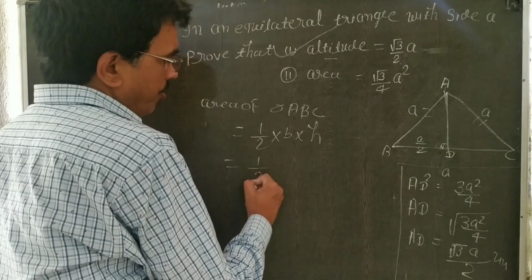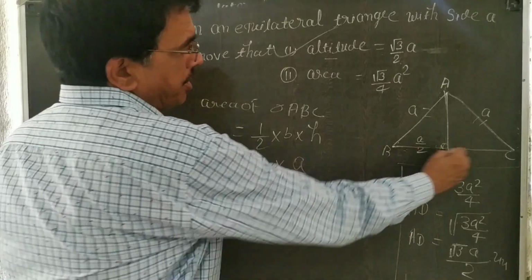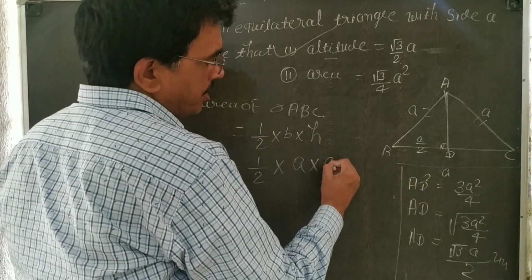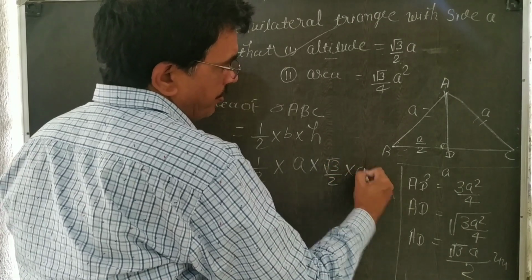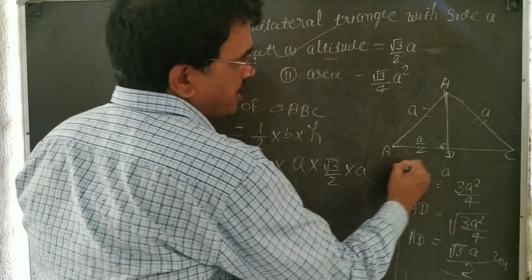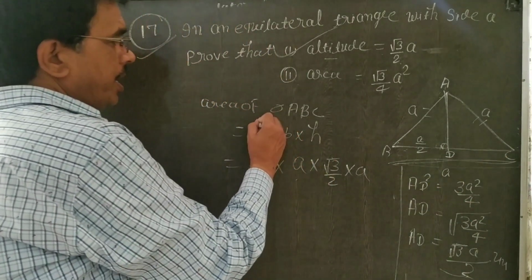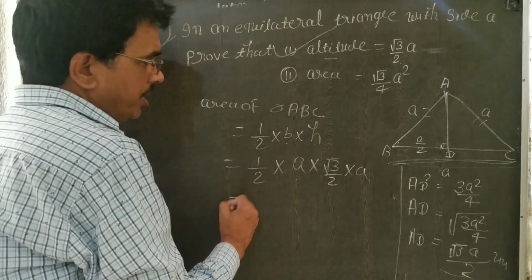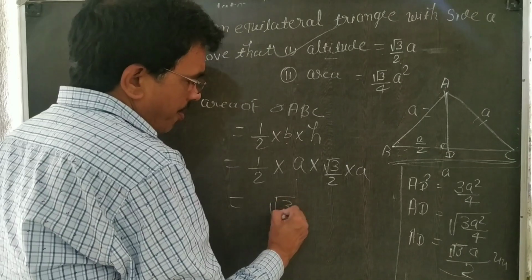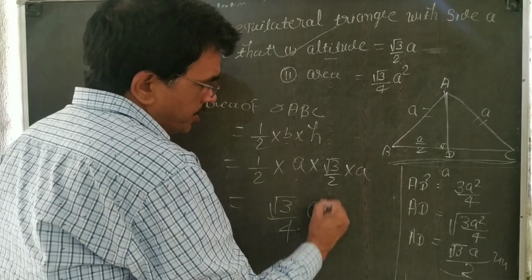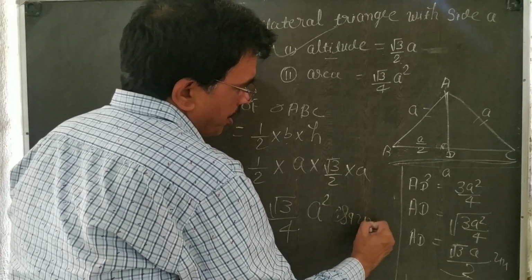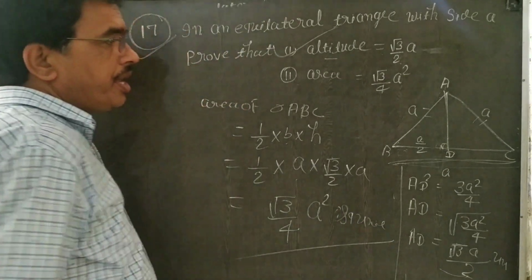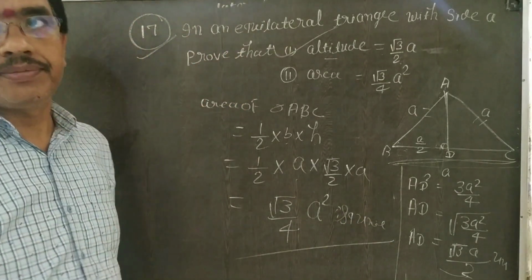Then it is equal to 1 by 2, base is A and height is root 3 by 2 into A. So area of triangle is 1 by 2 base into height. Then you write root 3 by 4 A square, square unit. It is the area of an equilateral triangle.